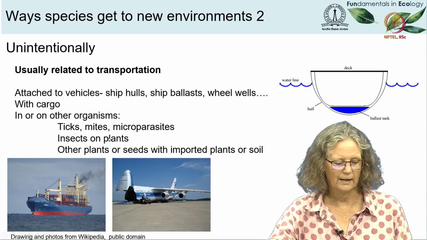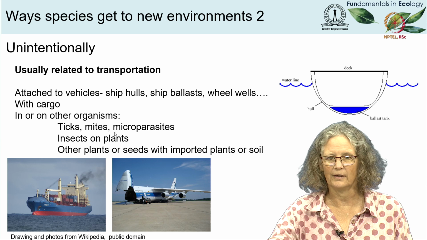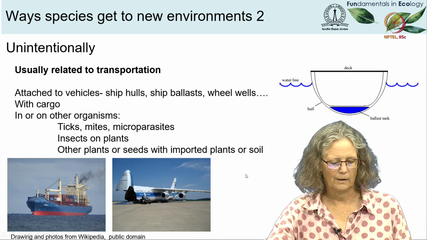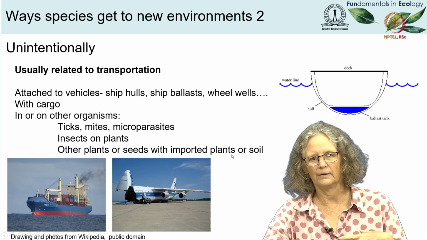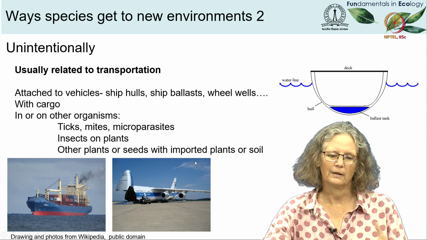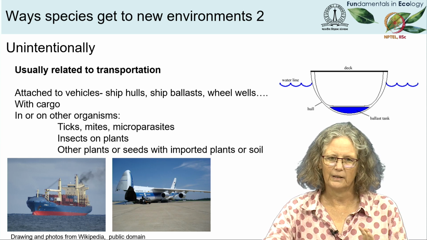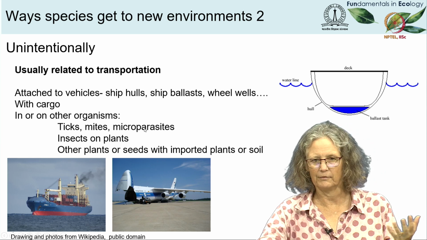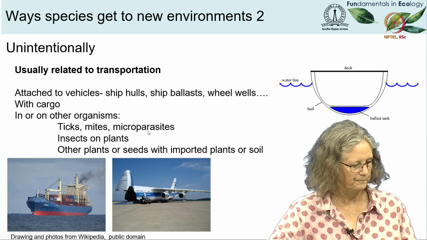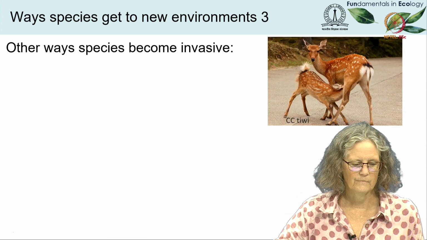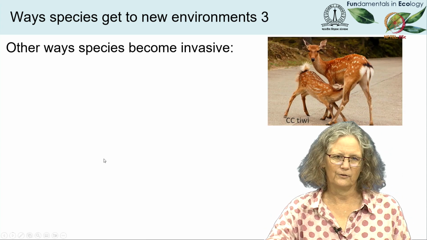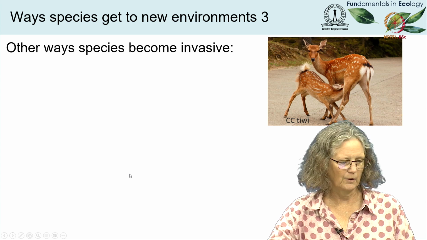Insects arrive on plants. Pathogens arrive on plants and with other animals. And when forage for livestock is moved between countries, many times there are seeds of invasive plants in that forage.